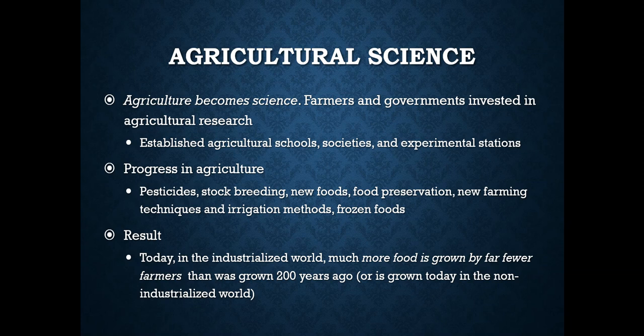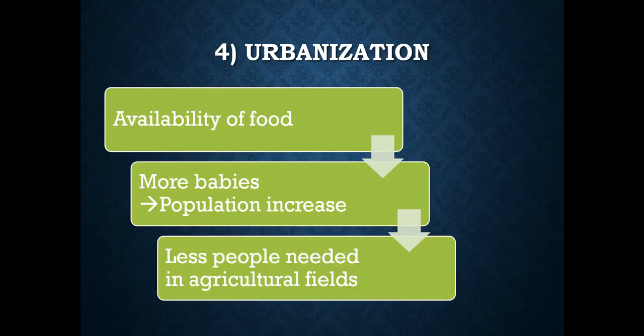So it is really important for us to know that the transformation of agriculture led to the production of more food for people, and with more food, people were better off as they were able to feed their families. They were able to provide a means of food for entire societies.